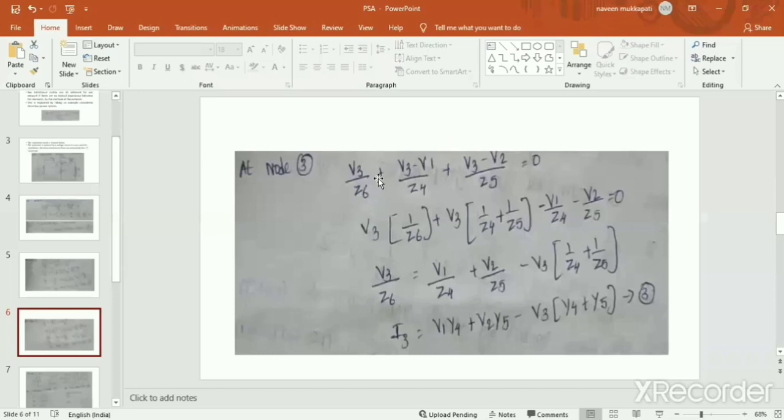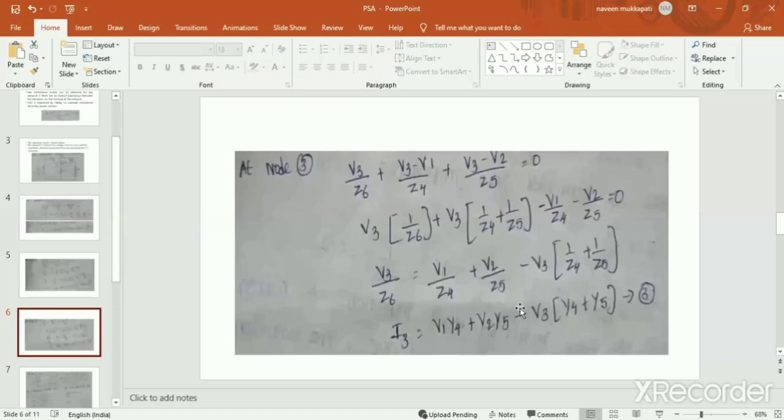V3 by Z6 plus V3 minus V1 by Z4 plus V3 minus V2 by Z5 is equal to 0. Then simplify this equation. This is the KCL at node 3.